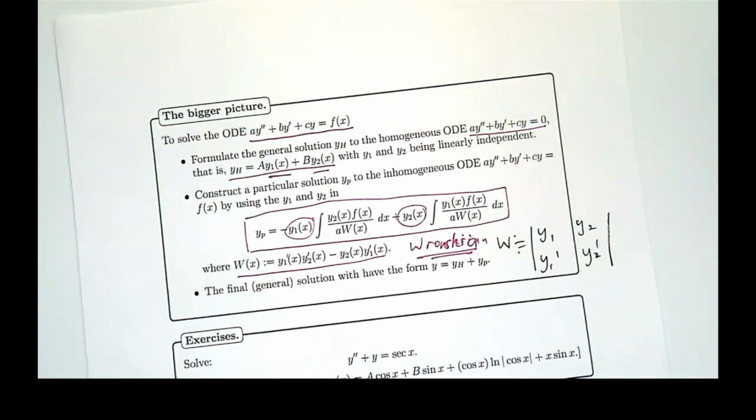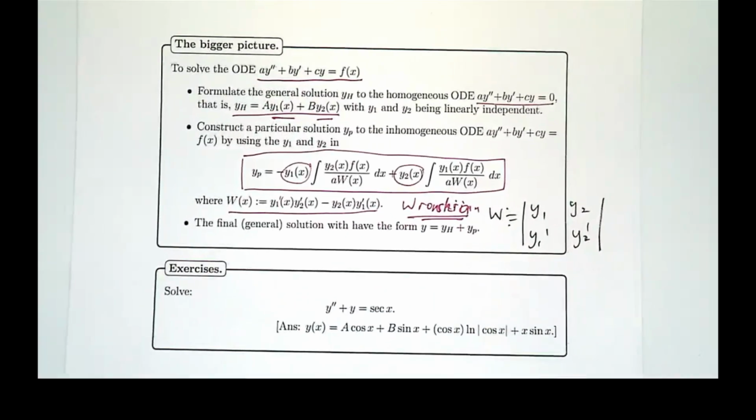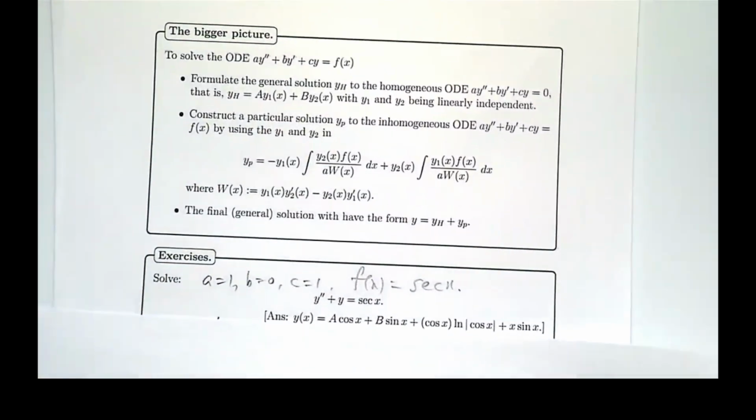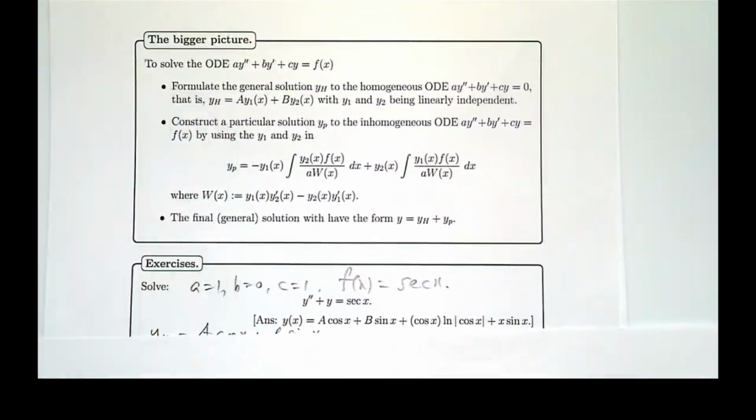All right, should we do another one? Let's do another one. I'll just show you the one that I did before. Okay, so now we've got y double prime plus y equals sec x.